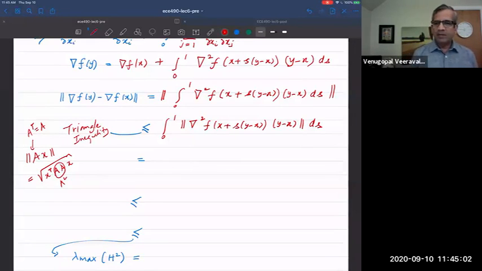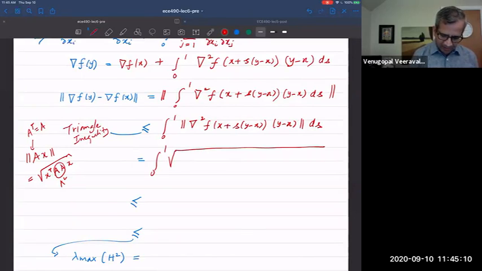So what I end up with is the integral from 0 to 1 of the square root of (y minus x) transpose times the Hessian matrix of f at x plus s(y minus x), this whole matrix squared, which is like my A squared there, times (y minus x) ds.